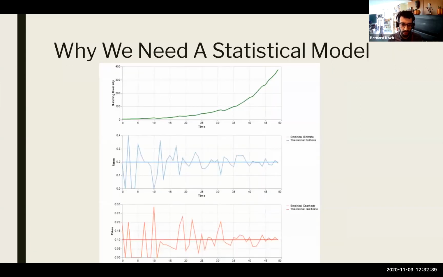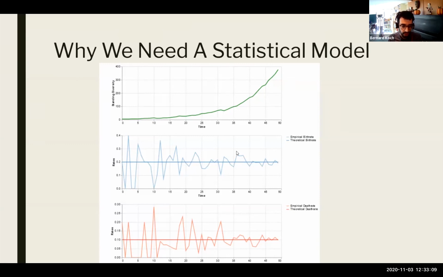To motivate the kind of statistical model we need here, I'm going back to the simulation I just showed you. There's a lot of fluctuation in the rates, right? With all this stochastic fluctuation in the rates that we see in real data, it's hard to interpret what types of evolutionary mechanisms are actually in process here.